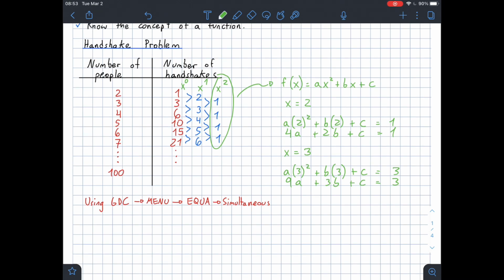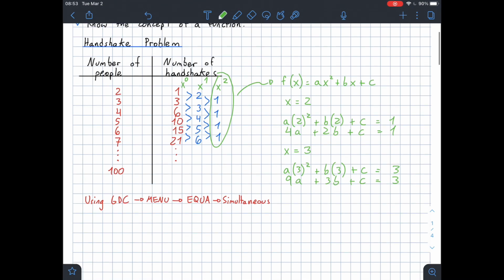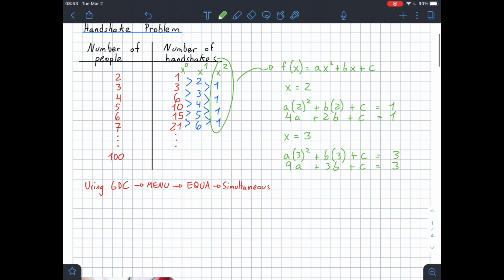Okay, I would have to repeat this process one more time. Why? Because I have 3 variables. A, b, and c are my variables. So if I have 3 variables, I need at least 3 different equations in order to be able to solve this system of linear equations. Okay? So I'm going to use another value. For example, x is equal to 4.